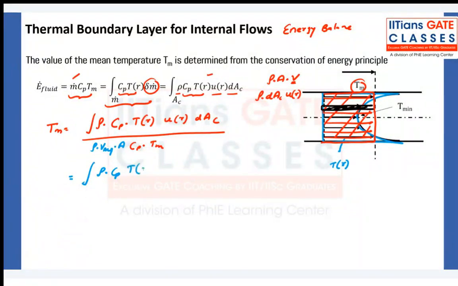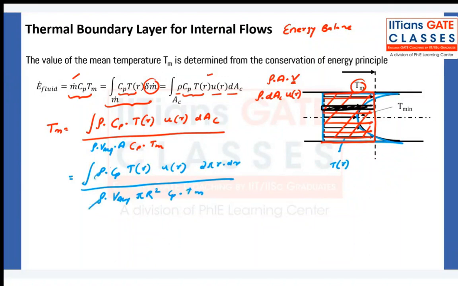Now what is this area? Same, 2 pi R small area dR. Now what is this area? V average pi by 4 d square, or pi R square Cp T mean. Rho and rho can get cancelled, Cp can get cancelled, pi can get cancelled.